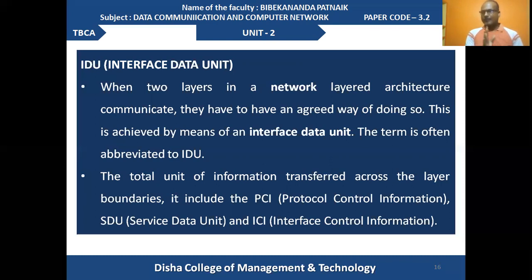It includes the PCI, that is protocol control information, as well as the SDU, that is service data unit, and the ICI, that is interface control information. The main task of the IDU is to create an interface between two subsequent layers through which they can communicate, and it includes the PCI, SDU, and the ICI.